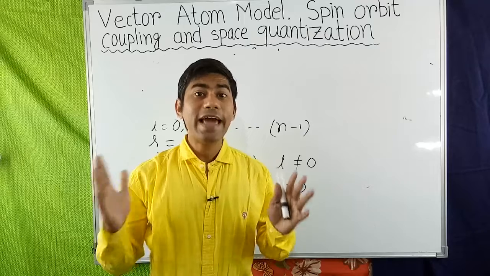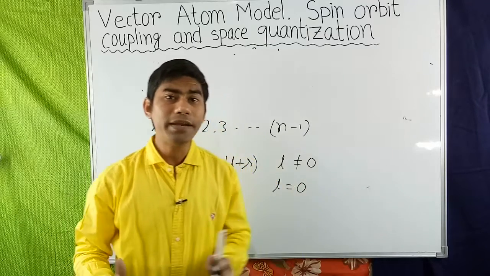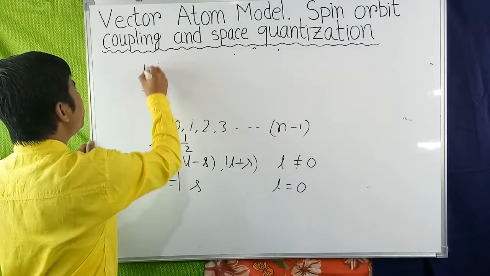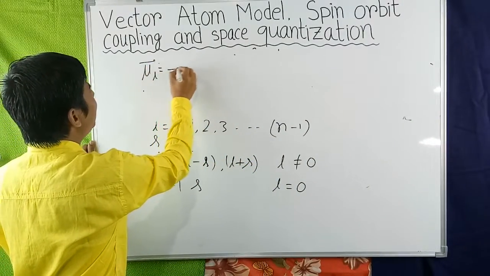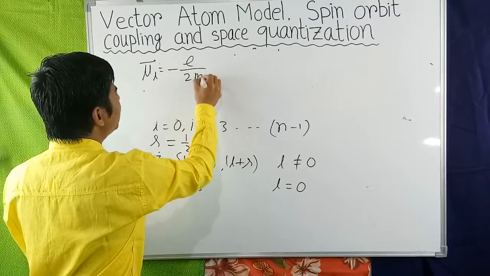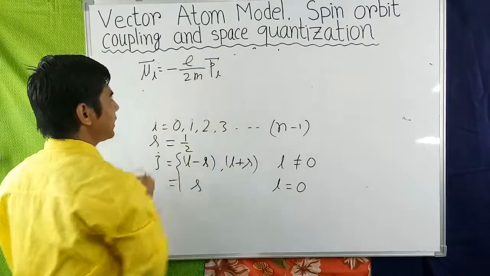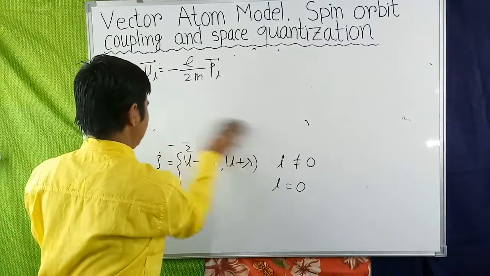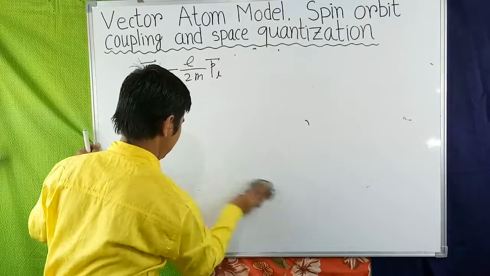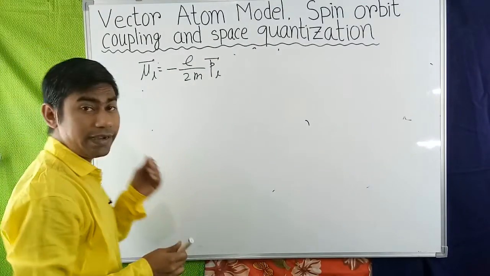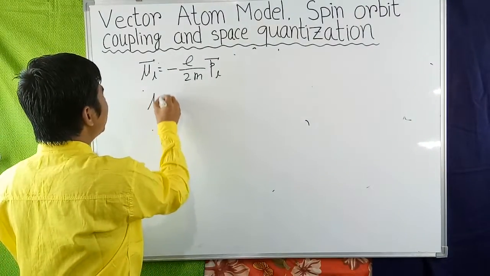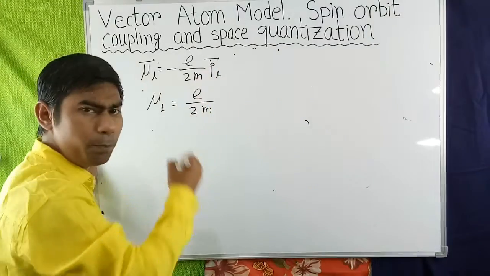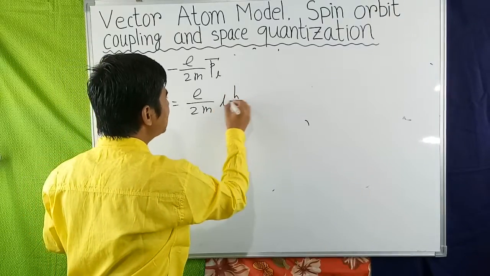An electron in an atom moving in an orbit has an orbital magnetic dipole moment mu L vector equals minus e by 2m into PL vector. Its magnitude is mu L equals e by 2m into PL, and the value of PL is L into h by 2 pi.